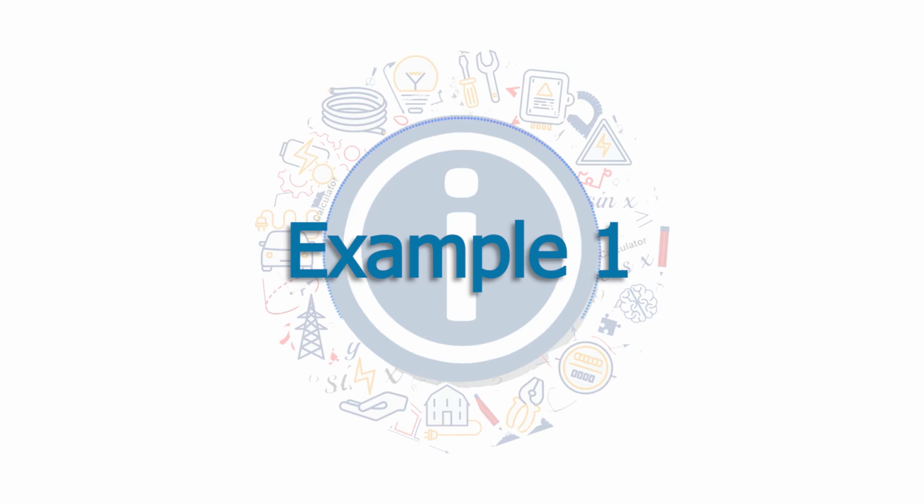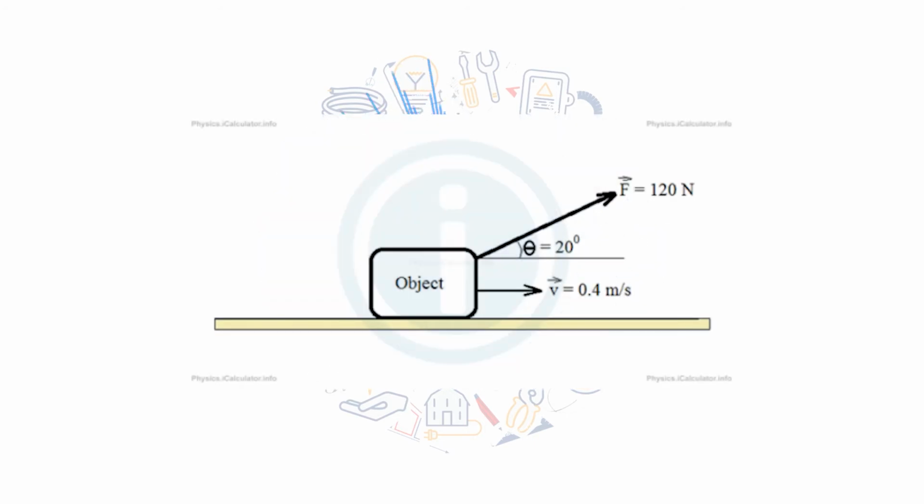Example 1. Mechanical power, P, in physics is alternatively defined as the dot product of force, F, exerted on an object and the velocity, v, gained by the object due to the action of this force. A 120 N force acts on an object at 20 degrees to the horizontal direction as shown in the figure.